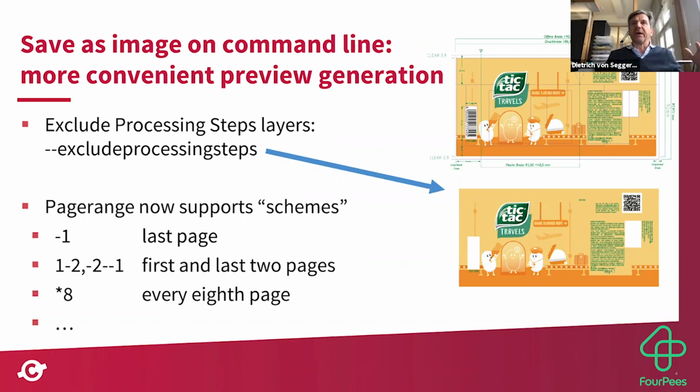But it would have made the command line interface too complex, in our opinion, if you would want to address all possible processing steps, and then you can even have custom ones. So we decided that this convenient way to exclude everything is good enough, and otherwise you would have to do some special preparations.